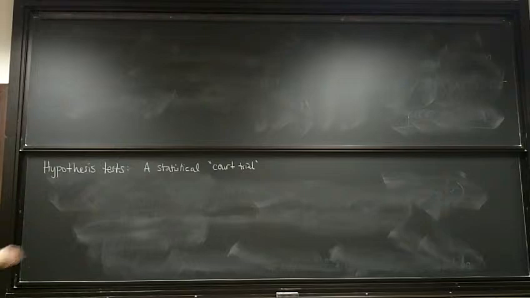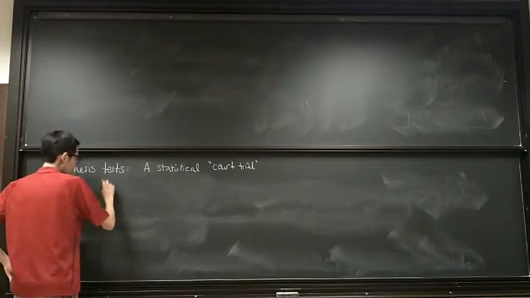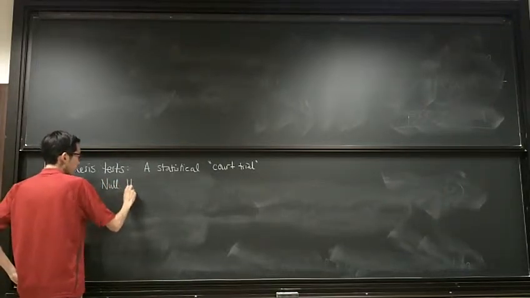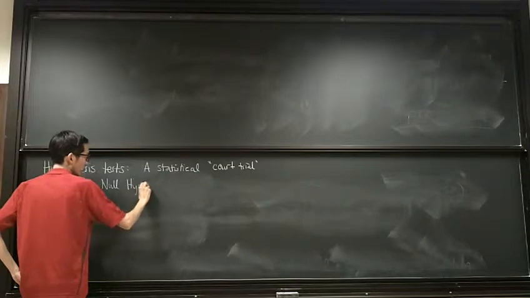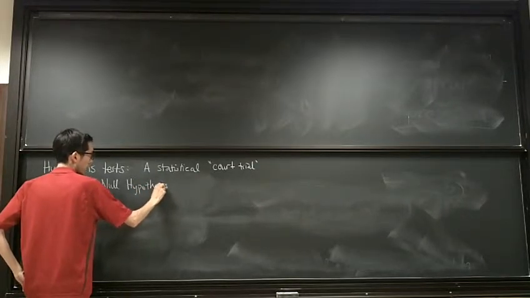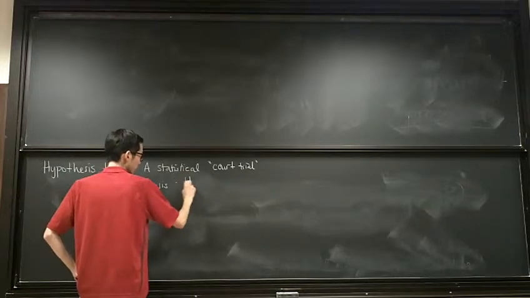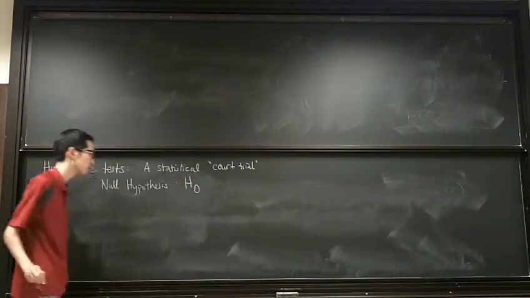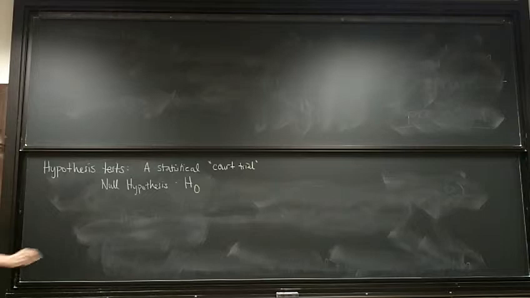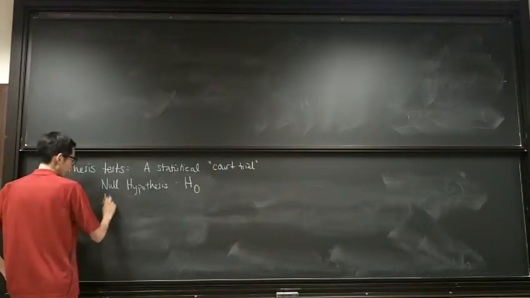We set up two ideas. We have the null hypothesis, called H sub 0 or H naught, and we have the alternative hypothesis.